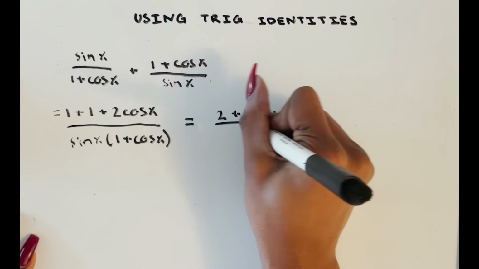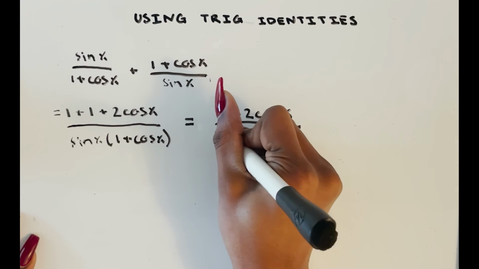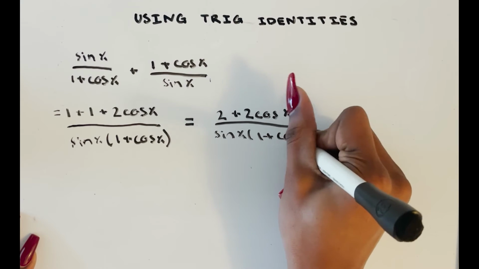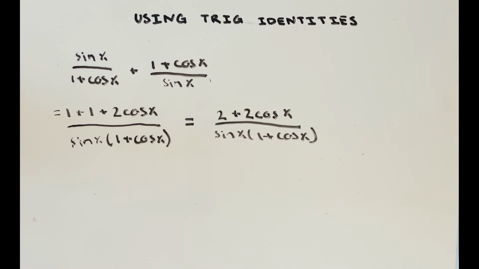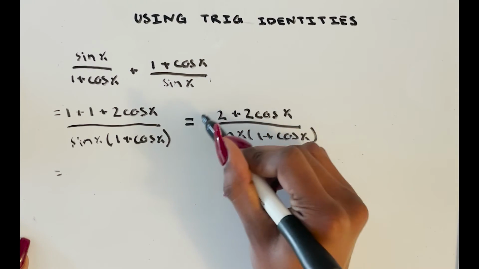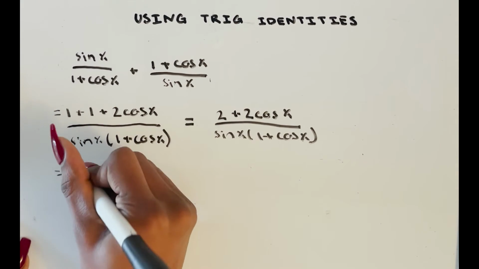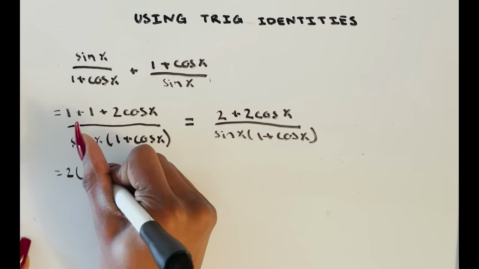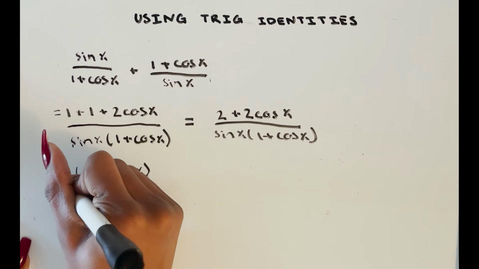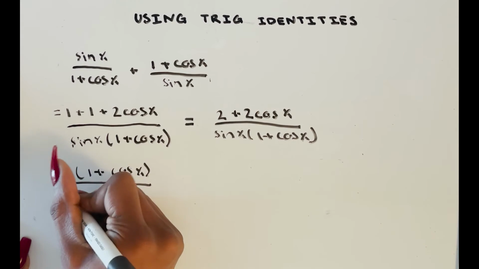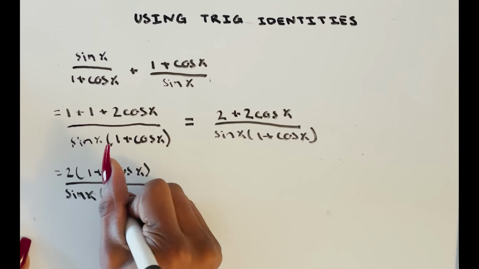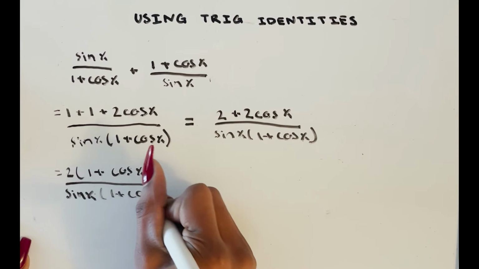We'll leave the denominator the same, sine of x times 1 plus cosine of x. And then we'll factor out the 2. And that'll leave us with 2 times 1 plus cosine of x all over sine x times 1 plus cosine x.